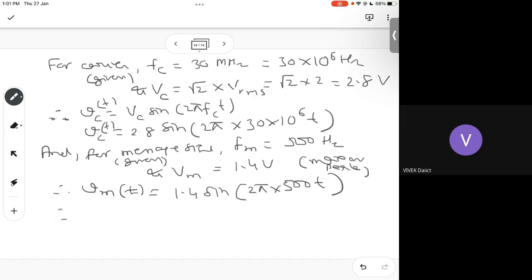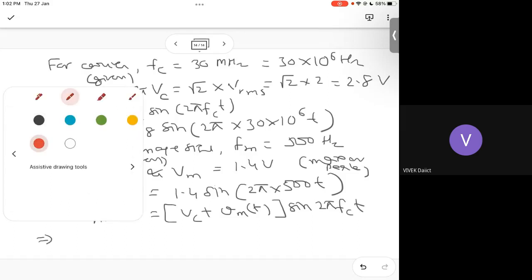So your expression for VAM(t), which is given as, we have already understood, VC plus VM(t) sine 2 pi FCT. This is the expression we already know for that.